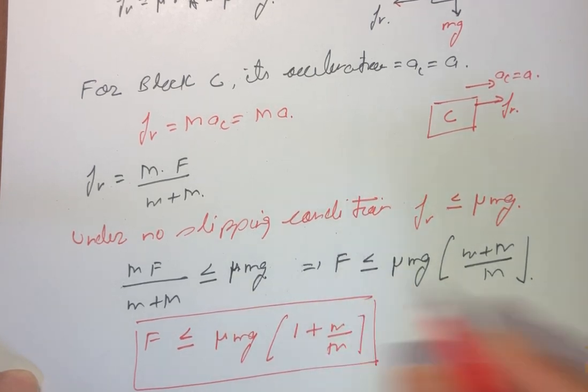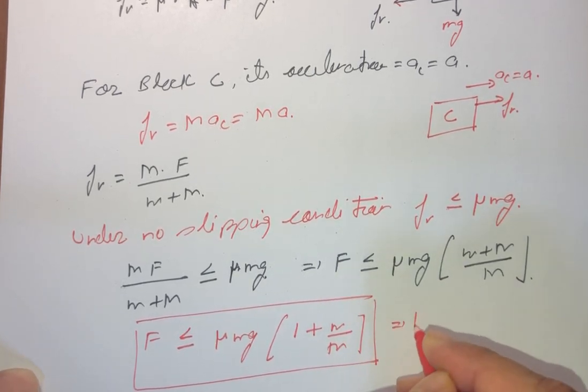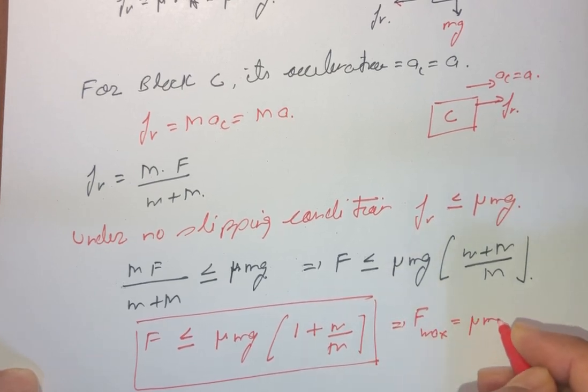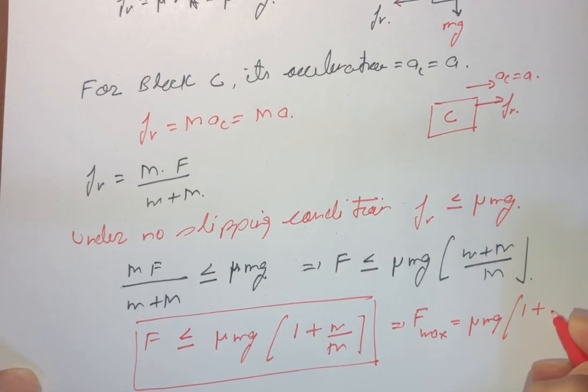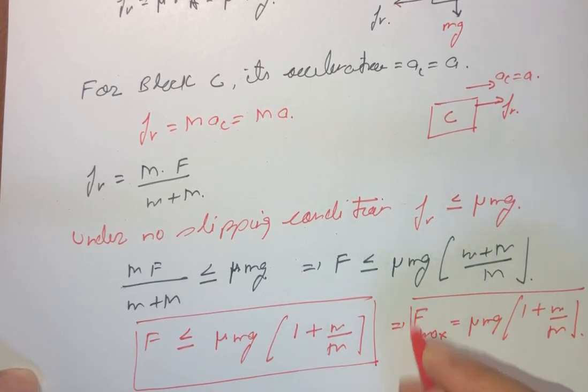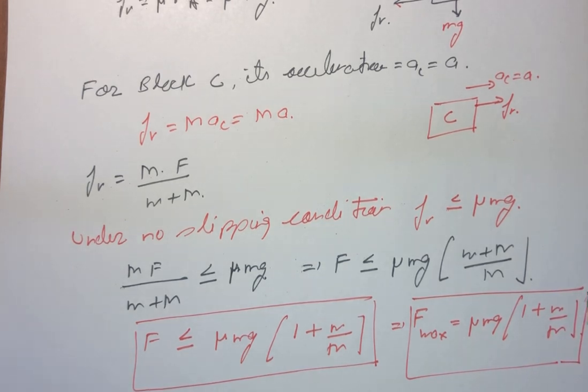So we can say F max is equal to mu mg times 1 plus m divided by capital M. This is our maximum value of force for no slipping condition.